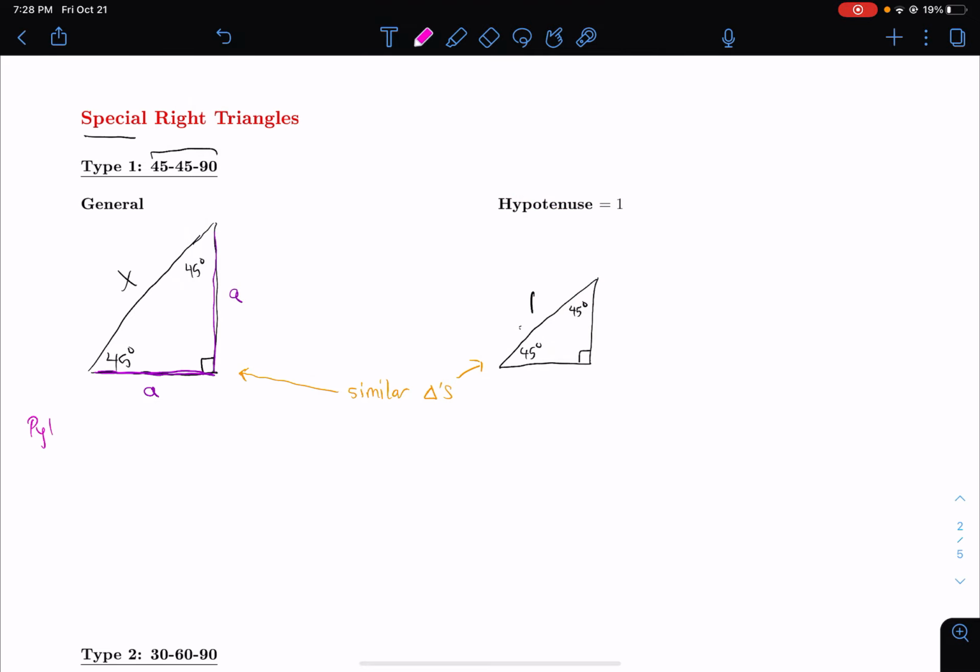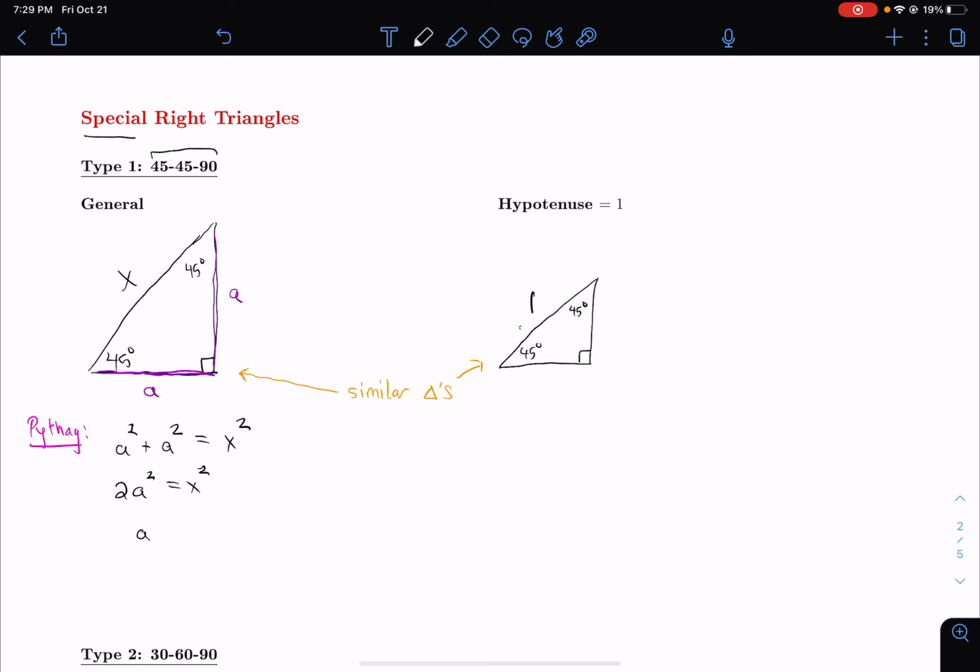Using the Pythagorean theorem, we get a squared plus a squared equals the hypotenuse squared, x squared. So a squared plus a squared is 2a squared, and that equals x squared. I'm going to try to solve for a.